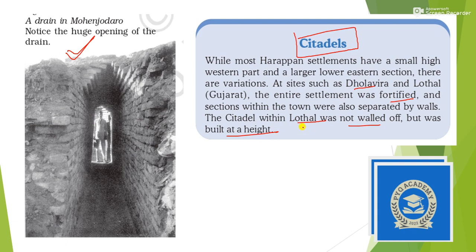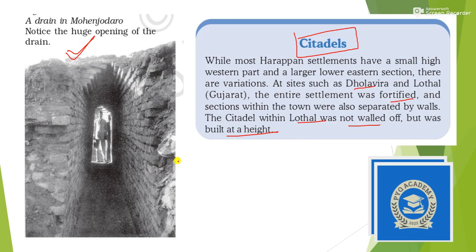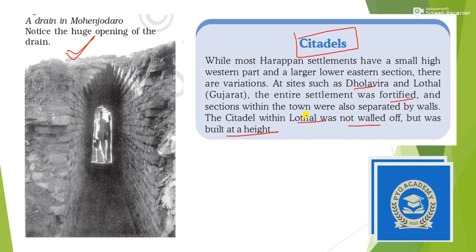So this is an exception: in other sites the citadel was fortified, but in Dholavira and Lothal the whole settlement was fortified, with walls also inside the settlement, so we have to differentiate between various sections. And another important thing with respect to Lothal is that the citadel was not walled off, but built at a height.